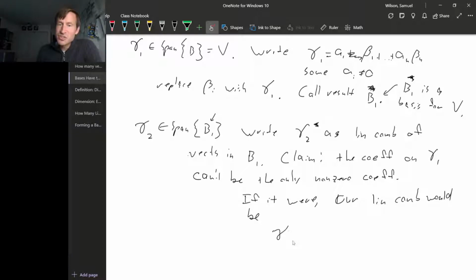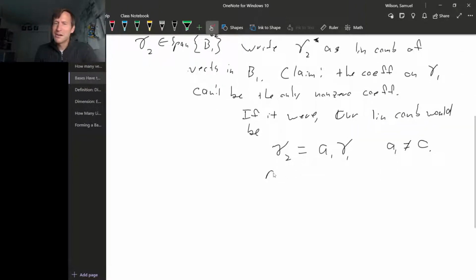We'd have gamma 2. Now we're writing gamma 2 as a linear combination of vectors in B sub 1, but we're saying all of the betas have coefficient 0. The only non-zero coefficient is on gamma 1, and so it would look like this, with a sub 1 not being 0. But remember that all of the gammas are linearly independent.